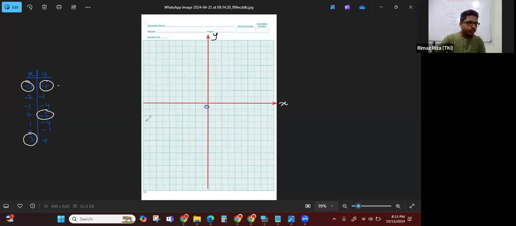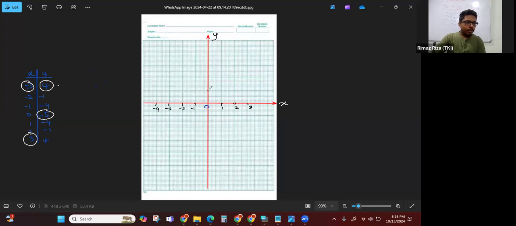And let's mark the values. So x varies from minus 3 to plus 3: 1, 2, 3, and minus 1, minus 2, minus 3, minus 4.